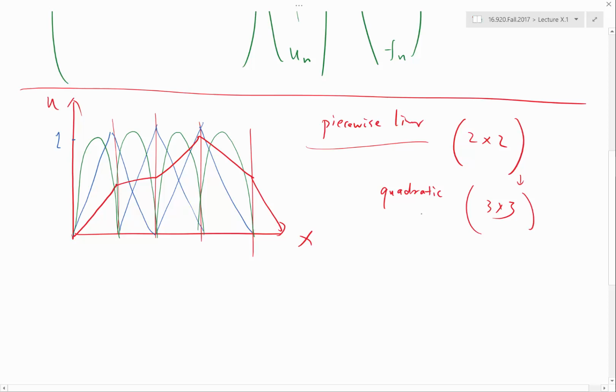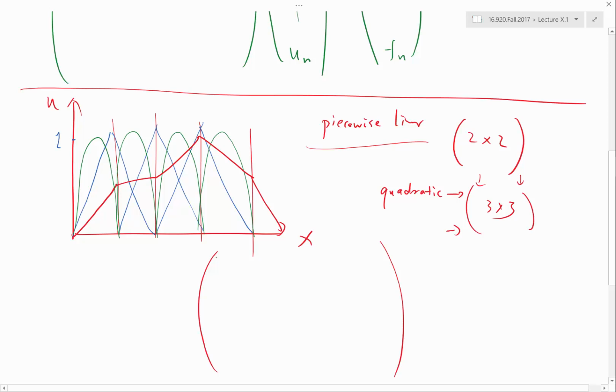But for piecewise quadratic basis functions, because the green basis functions are per element, they are actually not stacked with anything else. Only the first and the last are stacked with the corresponding index from a different element, right? So again, what you get is a sparse matrix, no matter what kind of element you use.